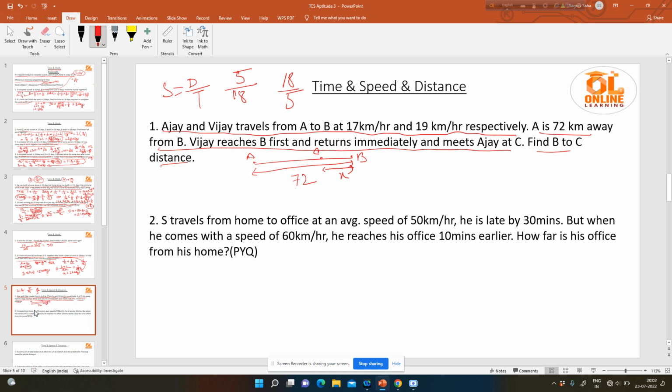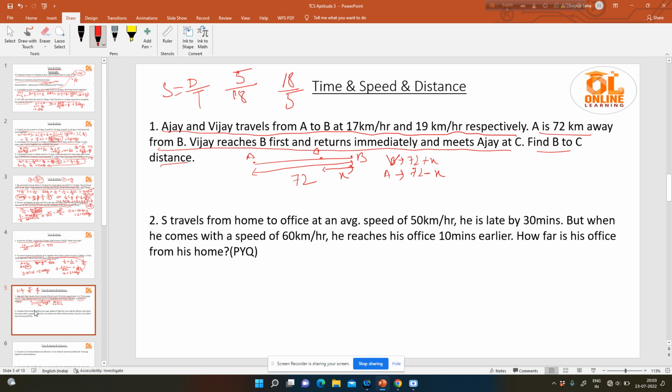So how much distance has Vijay covered when he reaches B first and returns? That is 72 plus x, because he has gone there and again returned back. And how much distance has Ajay covered? Ajay covered 72 minus x distance, right? Both their times are the same, right? And what do we have to find? We have to find the B to C distance, right?